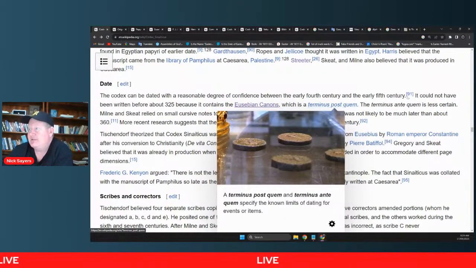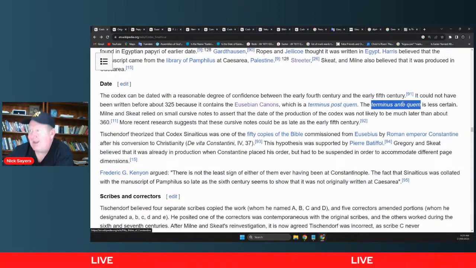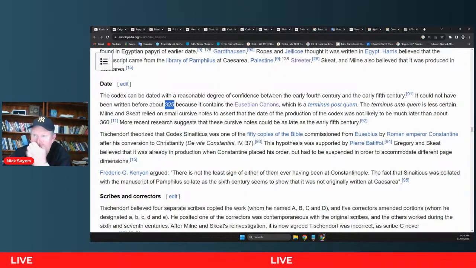So that's all it means. The terminus ante quem is less certain. So they know when it wasn't written that early, but afterwards they're like, well, we're not that certain.